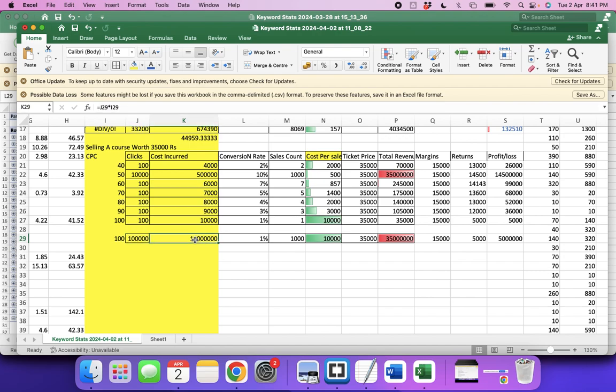To get 1 lakh visitors to their website, they spent 1 crore. Let's take this example. A training institute spent 1 crore on Google Ads, and their total revenue will be, at 35,000 rupees a ticket, 35 crores.